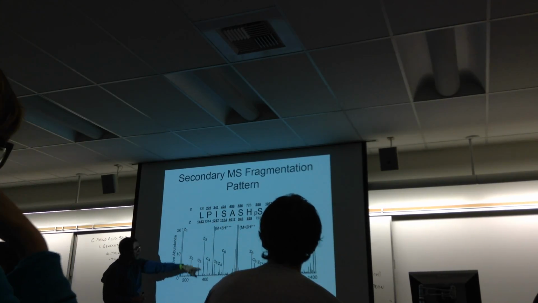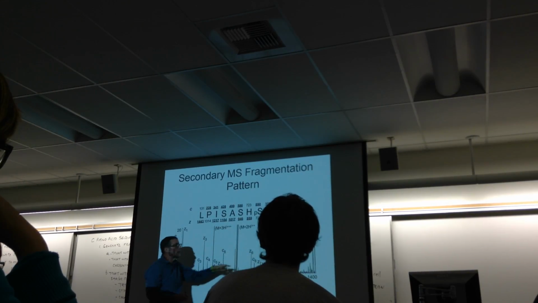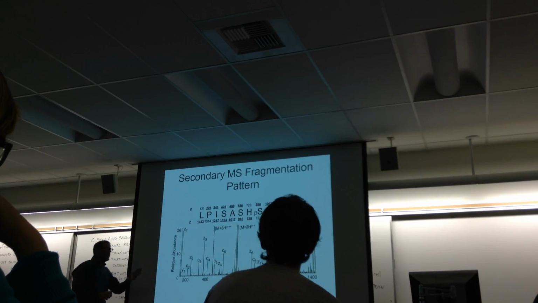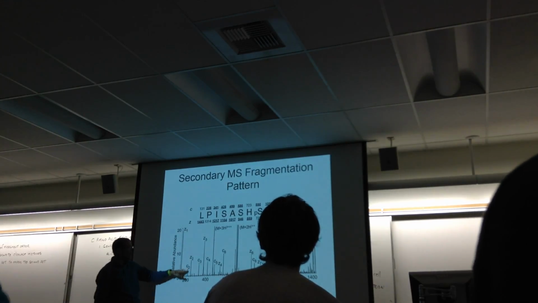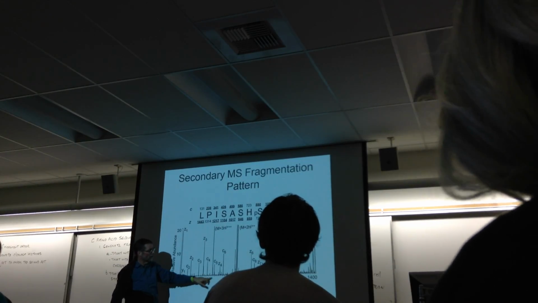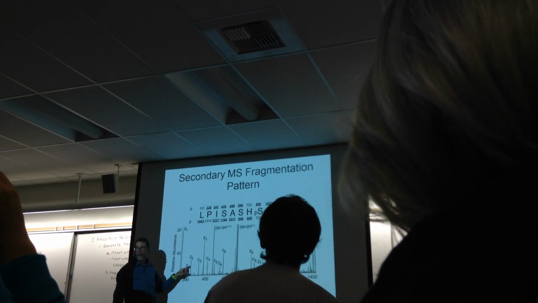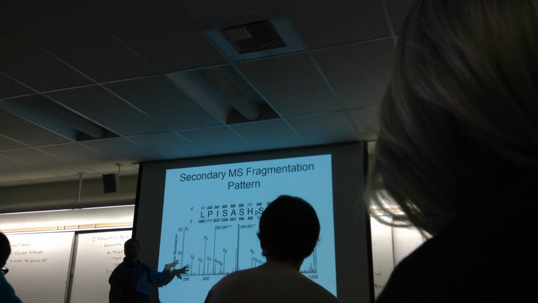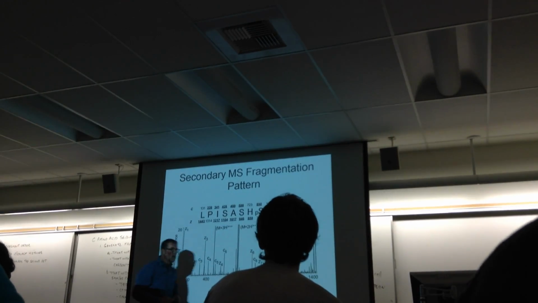And so you get this really complex spectrum. These different letters reflect whether they're the N-terminal cleavage or the C-terminal cleavage. And it's the ability to take all these different peaks, all these different ion abundances, and this is our size down here, and deconvolute it into a particular sequence. All right, we'll finish up there.